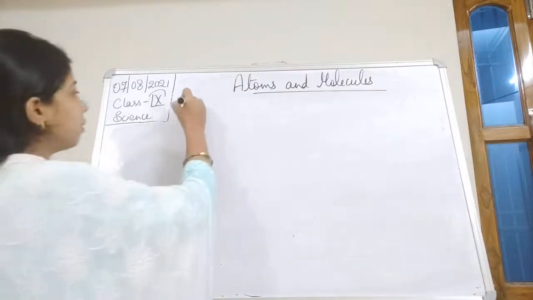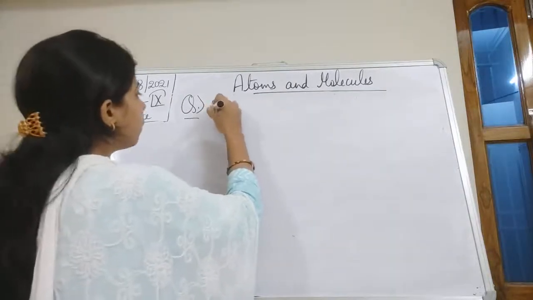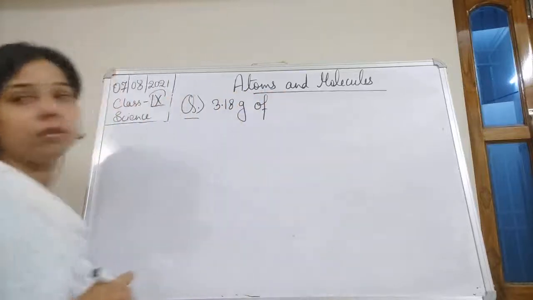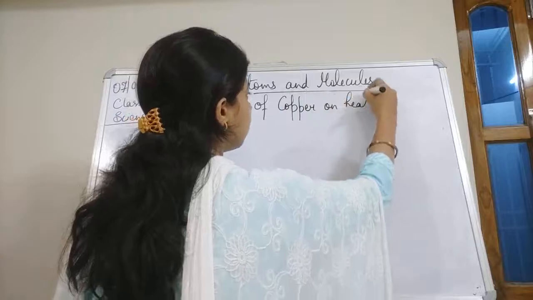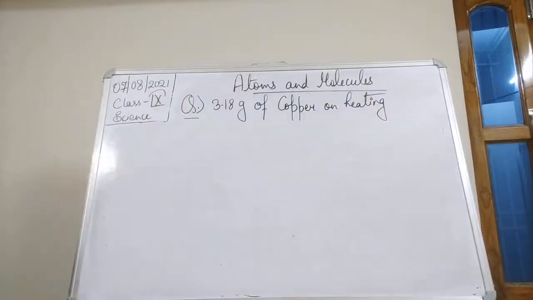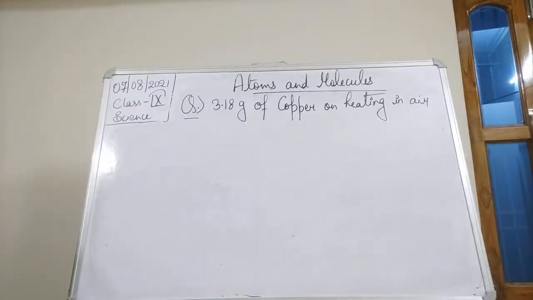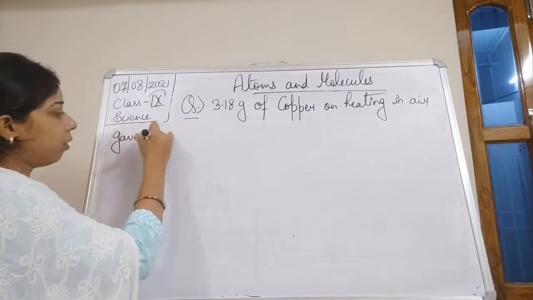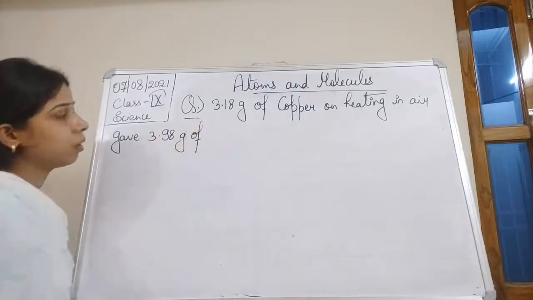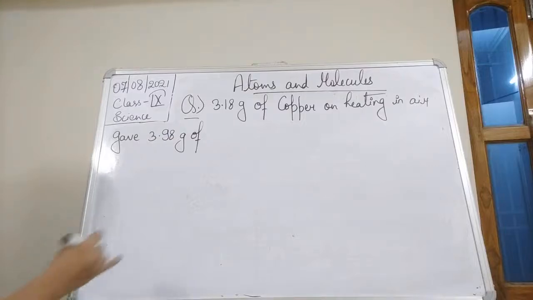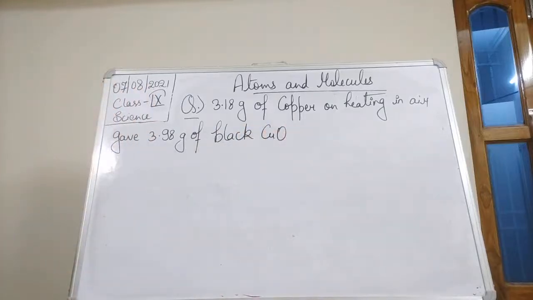The question is: 3.18 gram of copper on heating in air gave 3.98 gram of black CuO, that is copper oxide.